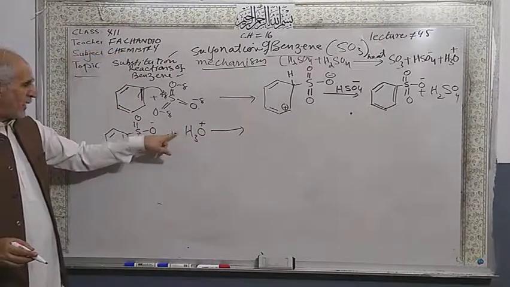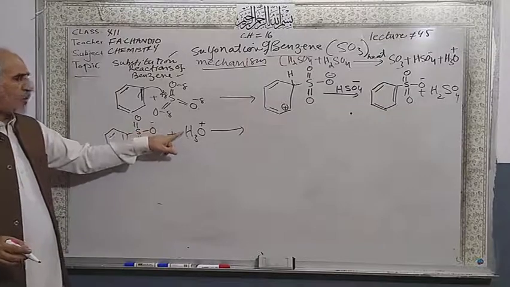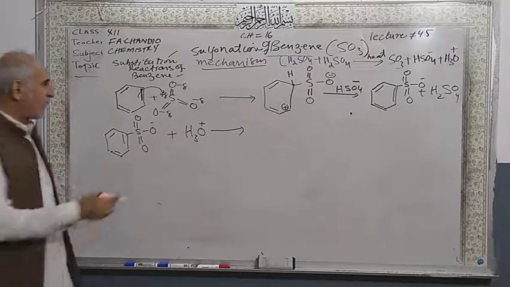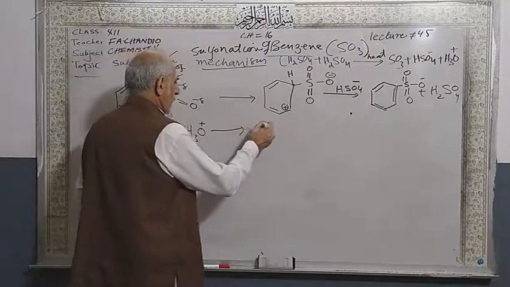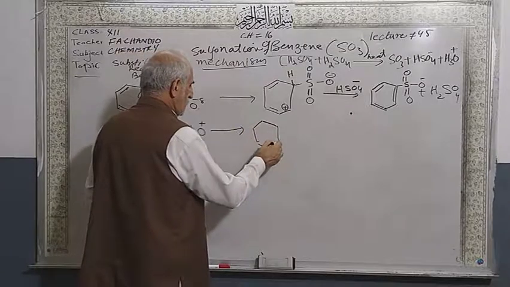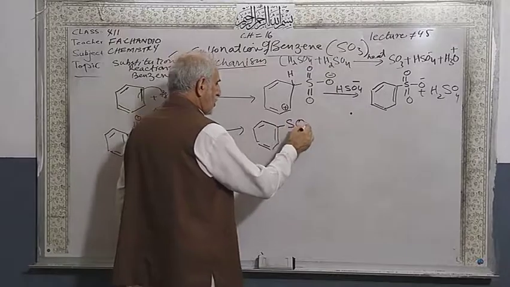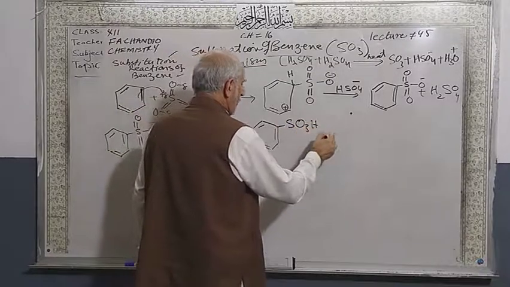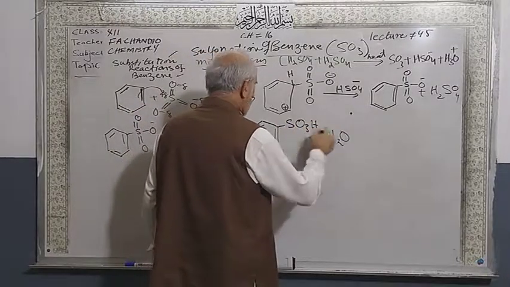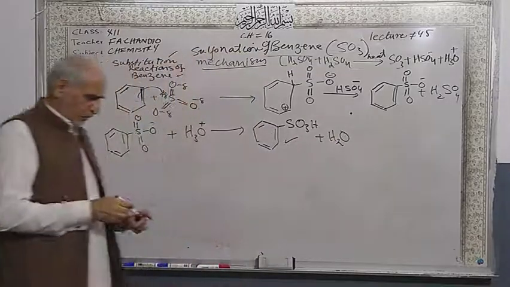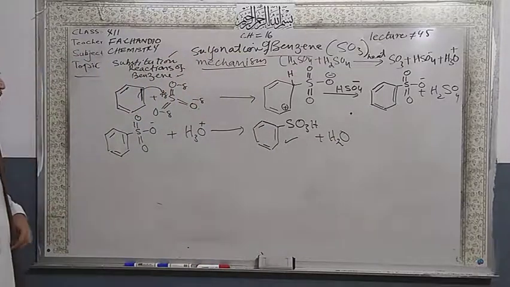This hydronium ion is the nucleophile and the hydrogen is positive here, attached with the oxygen to form SO3H plus water. So this is your product, benzene sulfonic acid.